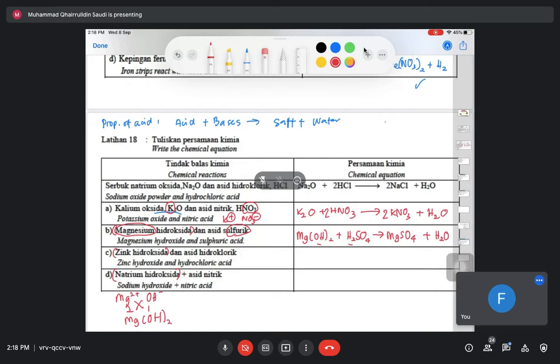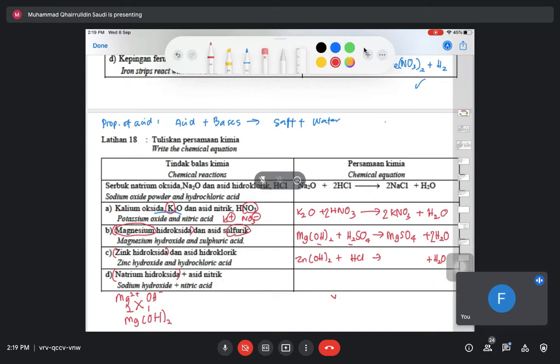So put 2 here. 4H, 4H here, 2O. Now it's balanced. Next one, zinc hydroxide plus hydrochloric acid. We get salt and water.